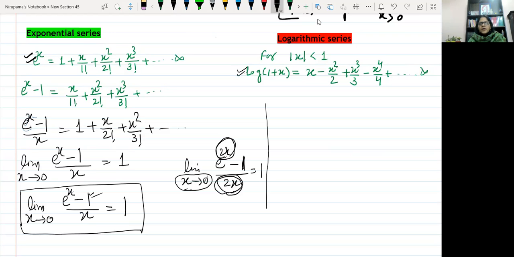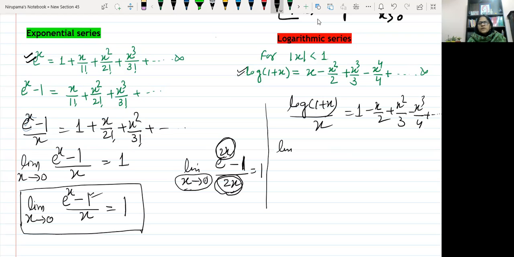Now our focus is to evaluate limits and how to get the standard form out of the series. So if I write log(1 + x)/x, it will be 1 - x/2 + x²/3 - x³/4 and so on.